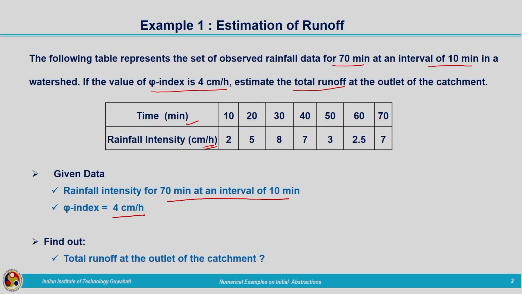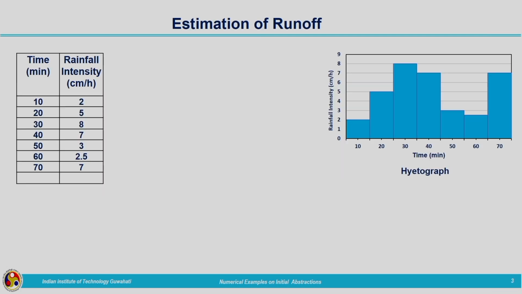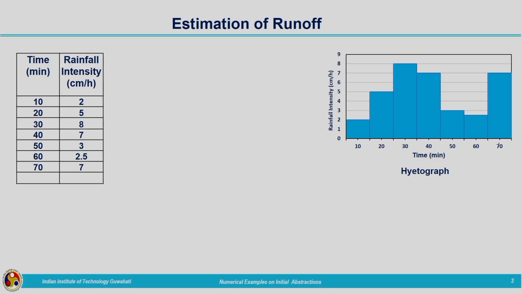So, we need to find the total runoff at the outlet of the catchment. With the given data of time and rainfall intensity, we can draw the rainfall hydrograph. That is already plotted here.